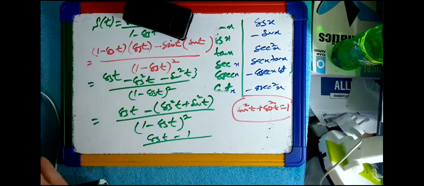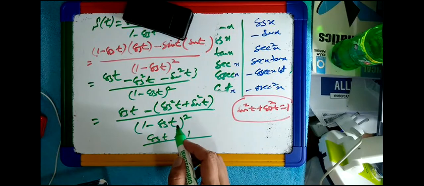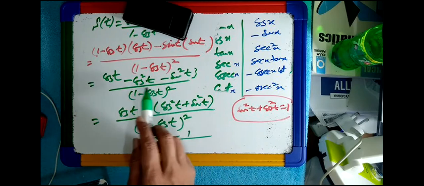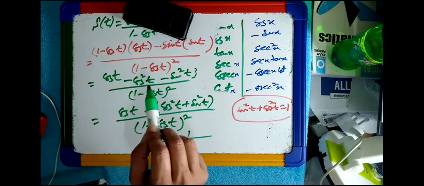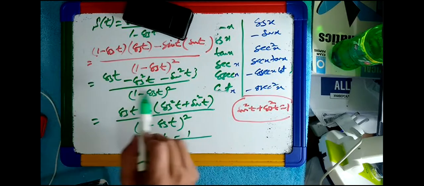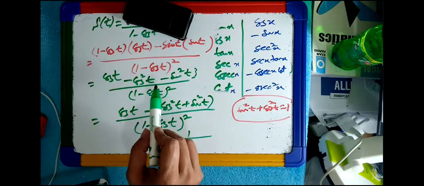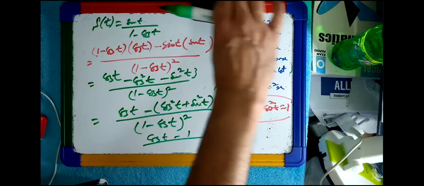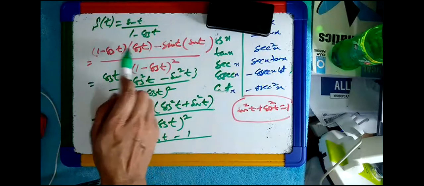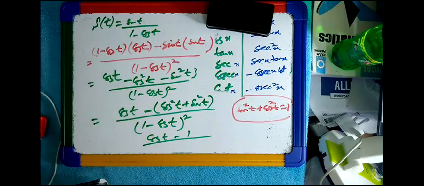Sir, in the numerator, it's 2 cosine and 1 sine. So basically, I took the minus sign common from the second and third term. Isn't that minus cosine, like cosine t minus cosine squared t? No, see, this is cosine into 1 is cosine, right?